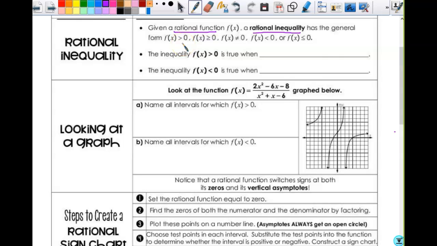That's the idea of an inequality. So the inequality f of x is greater than 0 is true when f of x is positive. Should be painfully obvious. The inequality f of x is less than 0 is true when f of x is negative. Hopefully that's pretty much a no-brainer.